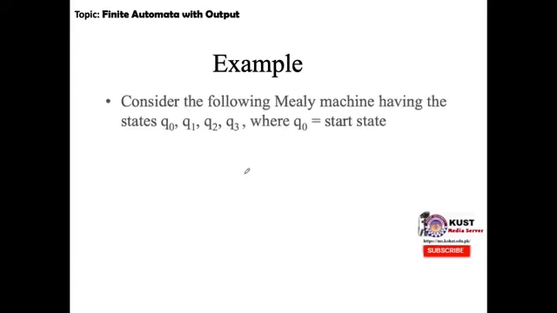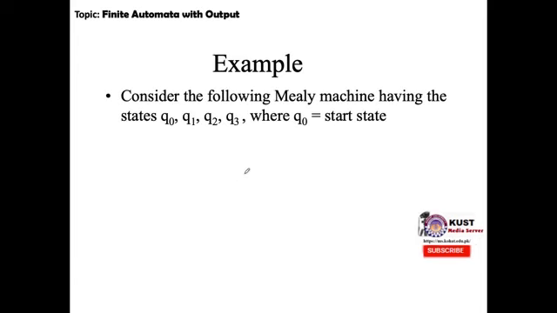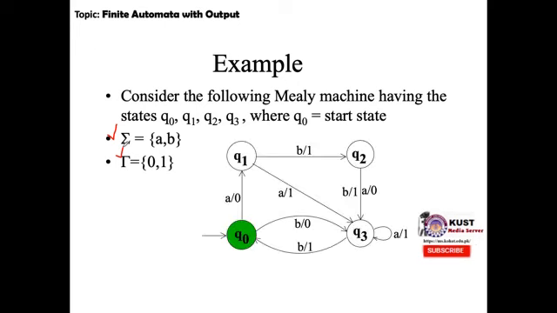Let's take an example. Consider the following Mealy machine having states Q0, Q1, Q2, Q3, where Q0 is the start state. Let's say we have input A, B, and we have output 0, 1. This is Mealy machine.